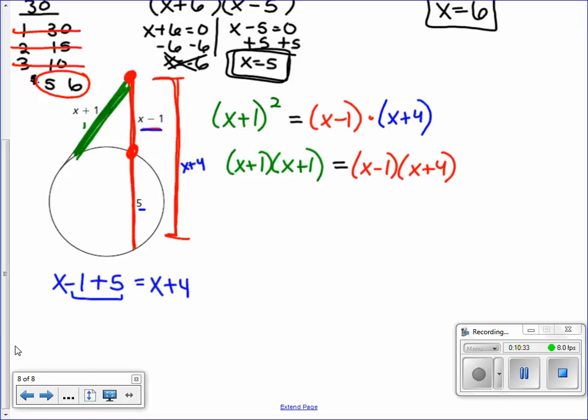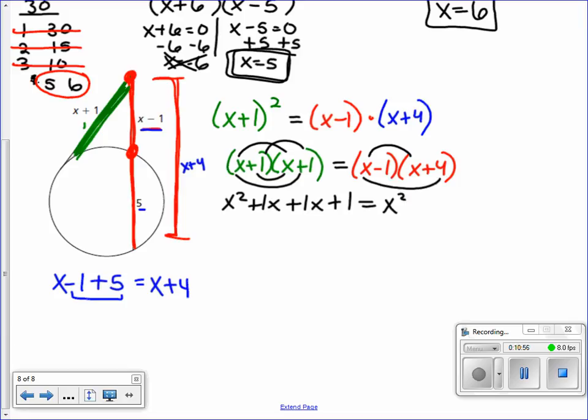Let's go ahead and FOIL on the left side. X times x is x squared. X times 1 is 1x. X times 1 is 1x. And 1 times 1 is 1. All I did was FOIL out that x plus 1 squared. On the right side, x times x is x squared. X times 4 is 4x.